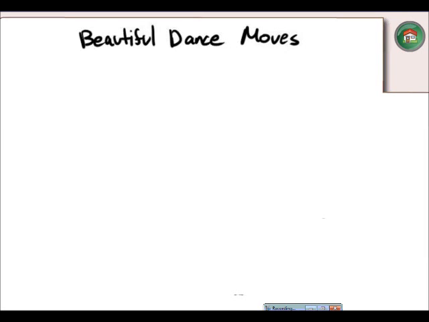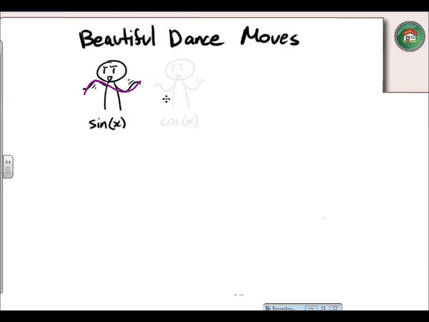So let's graph these beautiful dance moves. First one, we got the sine of x. Looks like this. All right, nice. We've got then the next one, which is cosine of x.